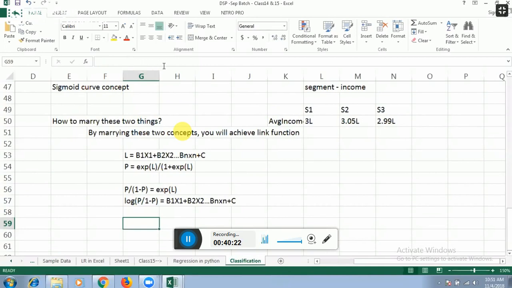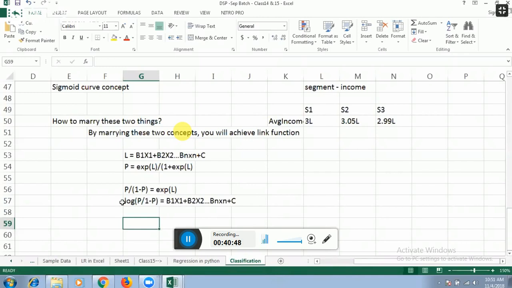So if I look at my linear regression, what is on the right side? My right side is a linear equation, that is nothing but beta 1 x1 plus beta 2 x2 plus etc. What is my left side? The left side is your y. In linear regression, the left side is the dependent variable and the right side is a linear equation. Correct or not? So my right side is exactly the linear regression part.